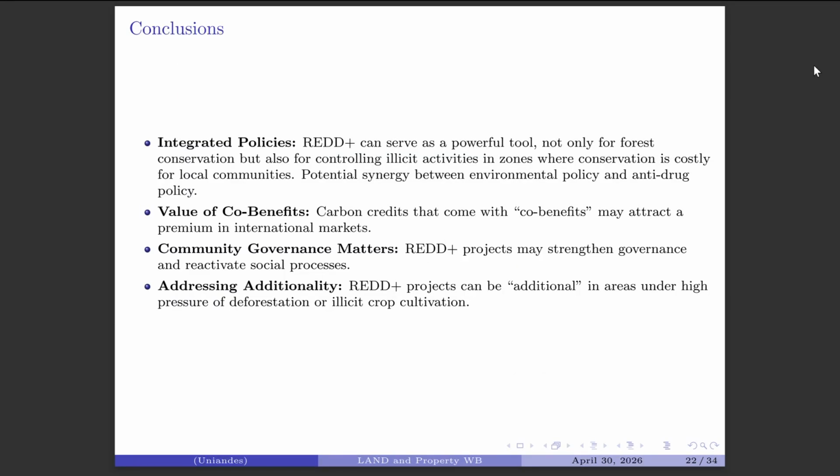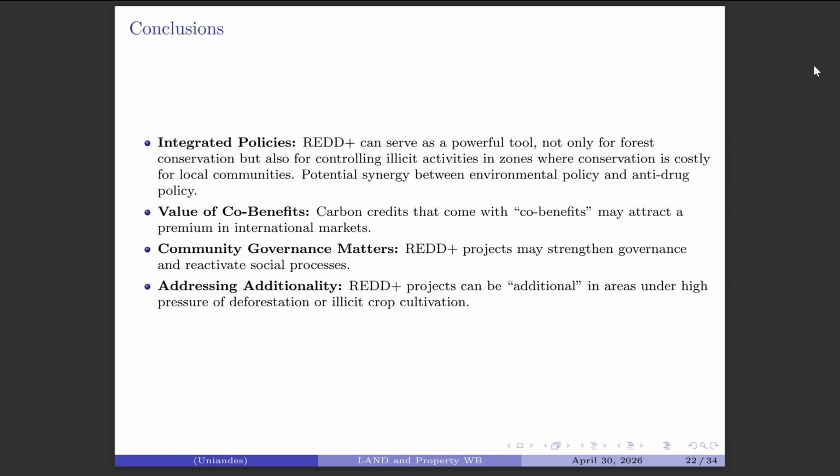Okay, to conclude, probably in relationship with your conclusion, this is an opportunity to integrate policies. REDD+ can serve as a powerful tool, not only for forest conservation, but also for controlling illicit or unsustainable activities.